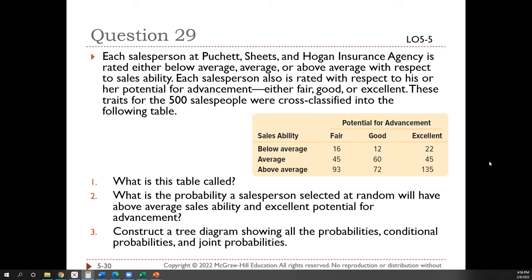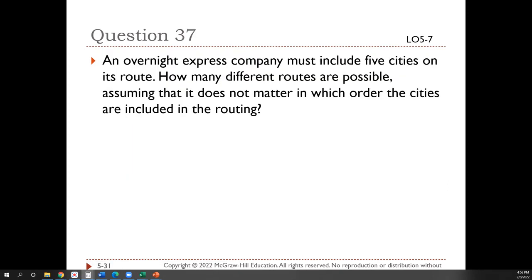All right. Last question. An overnight express company must include 5 cities on its route. How many different routes are possible, assuming that it does not matter in which order the cities are included in the routing?